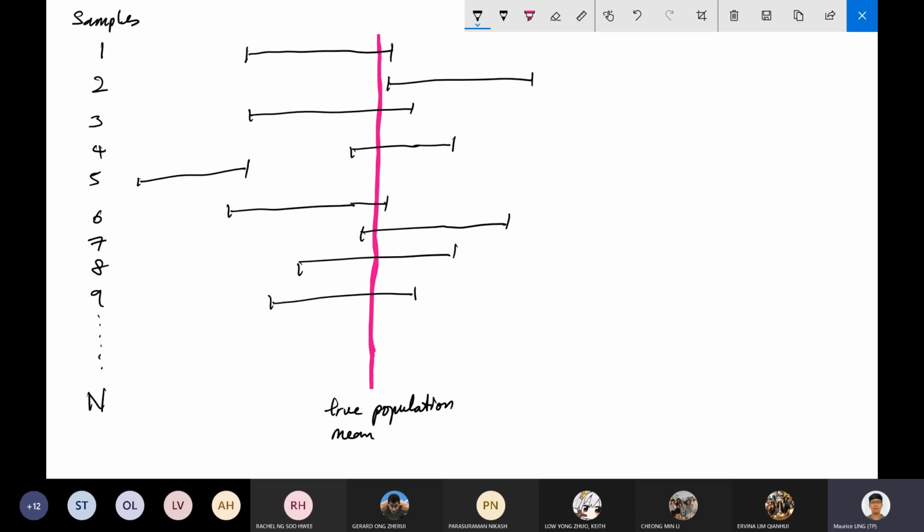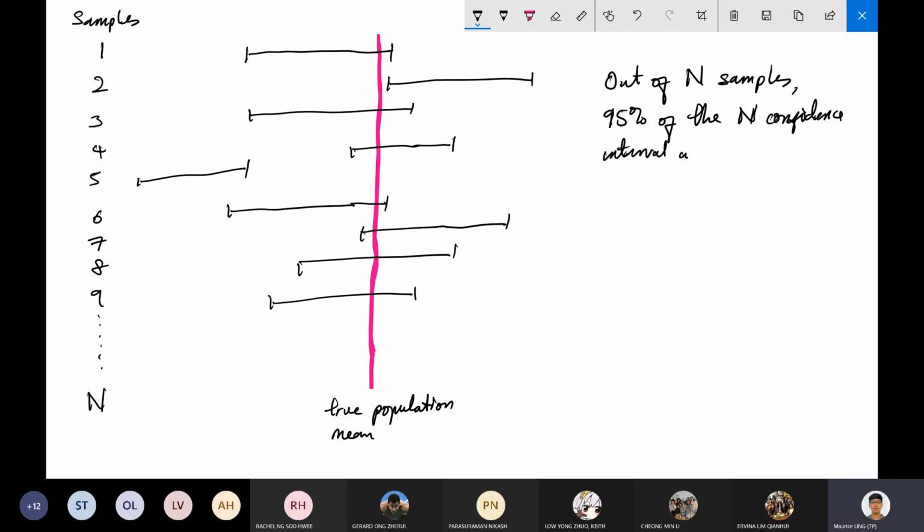And then you say that out of n samples, 95% of the n confidence intervals will contain the true population mean. That is what the confidence interval is saying.